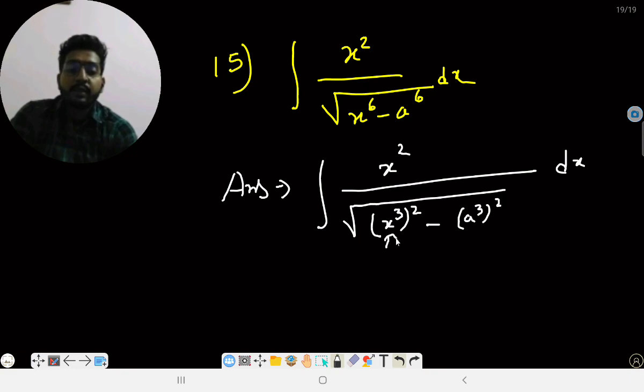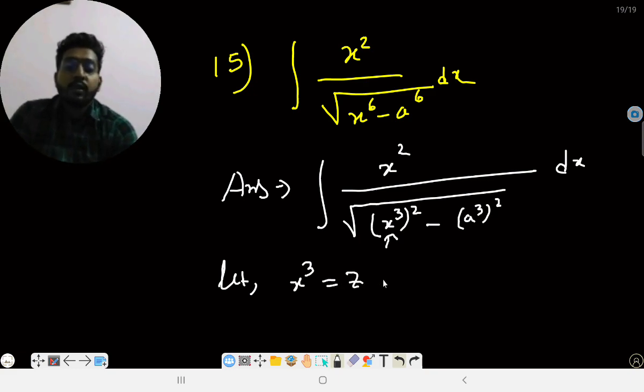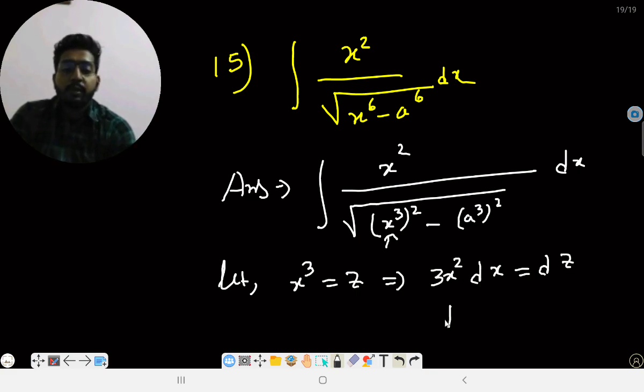Now I am letting this x cube as z. That means x cube equals z. Now differentiate this one: 3x square dx equals dz. That means dx will be dz by 3x square. Done.